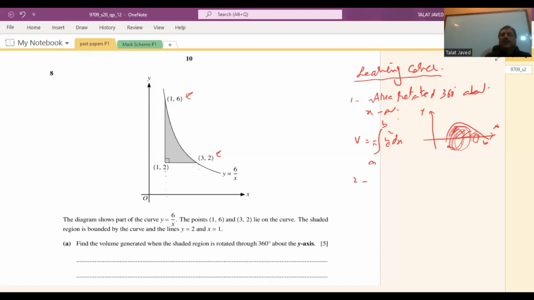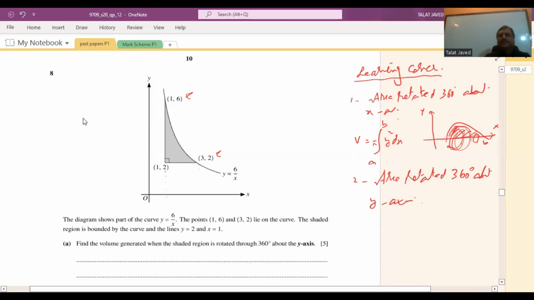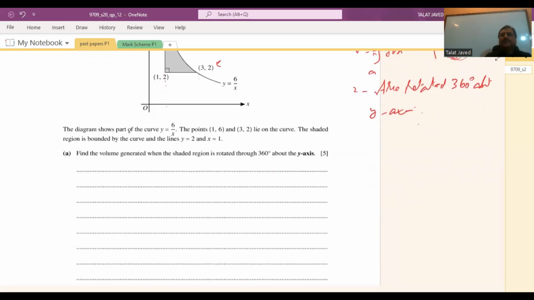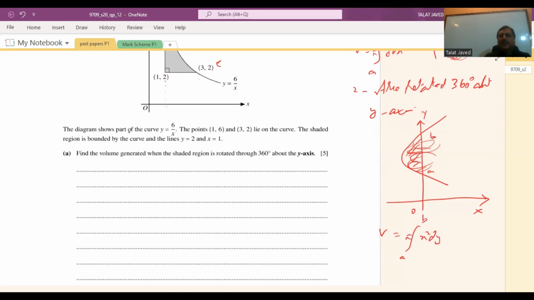The second formula is for the area rotated 360 degrees about the y-axis. When this area is rotated 360 degrees from A to B, the formula of its volume is pi times the integral from A to B of x squared dy.